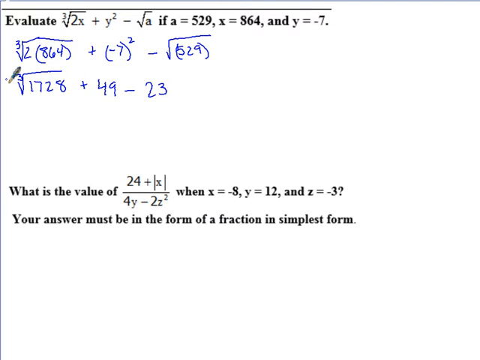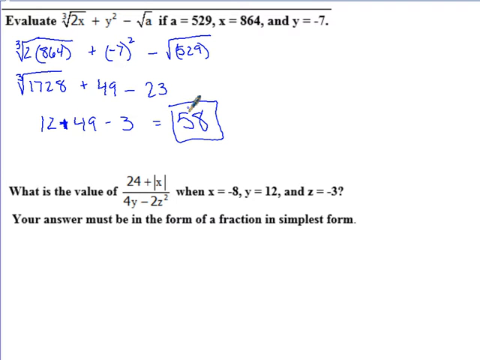Then I have to take care of my root here. So the cube root of 1728 is 12. So I have 12 plus 49 minus 23. And now that everything is addition or subtraction, I'm just going to go left to right straight across. 12 plus 49 minus 23 gives me 38. So this simplified would be 38.